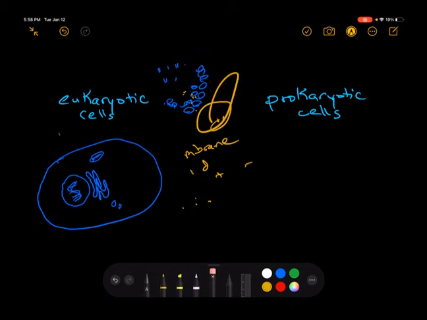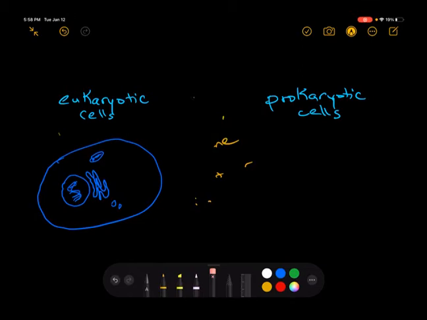Now let's also talk for a moment about plant cells, because we are going to see a similarity between plant cells and prokaryotic cells. Or actually, let's come to that in a moment. So now for our prokaryotic cells, I want to make sure that we know that this is not to scale.